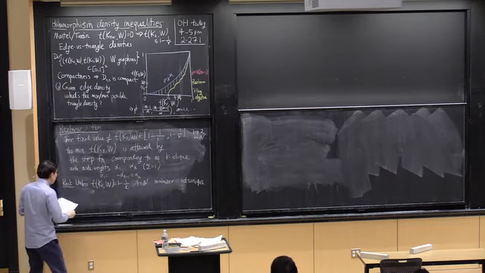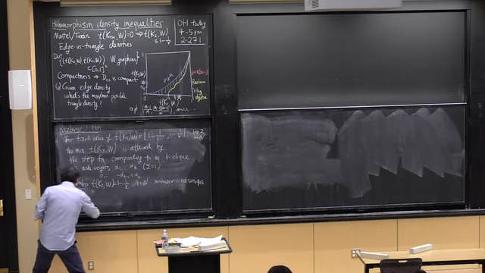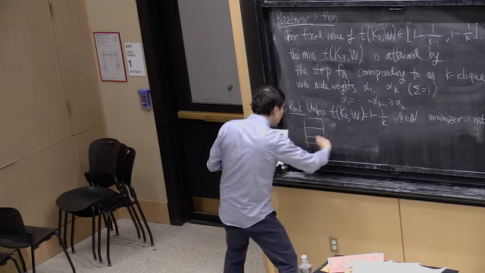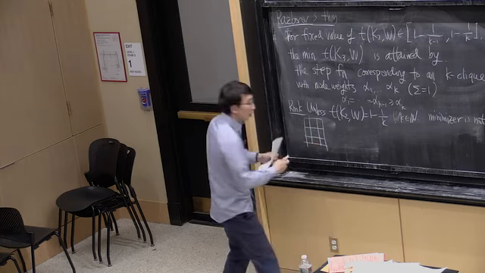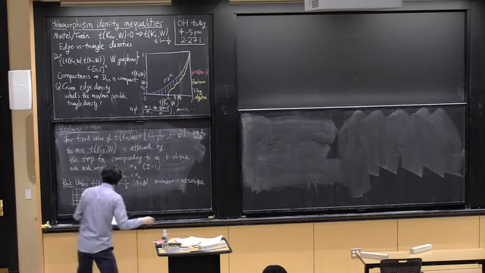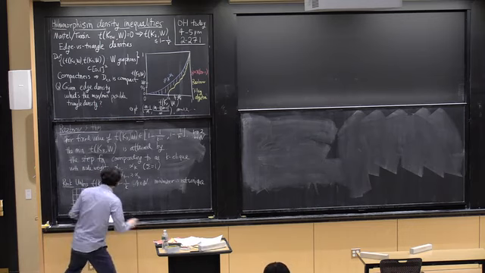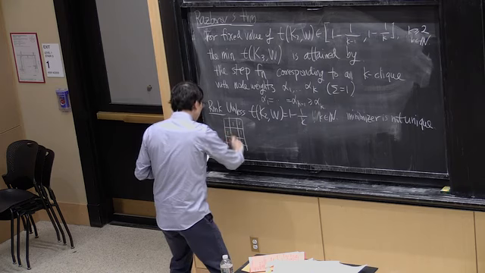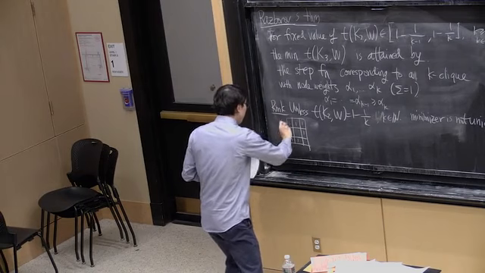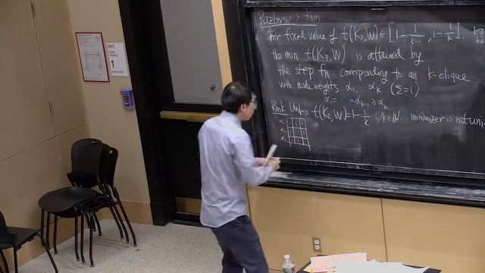And the reason why it is not unique is that you can replace, okay, so what's going on here? You have this graphon, alpha 1, alpha 2, alpha 3.